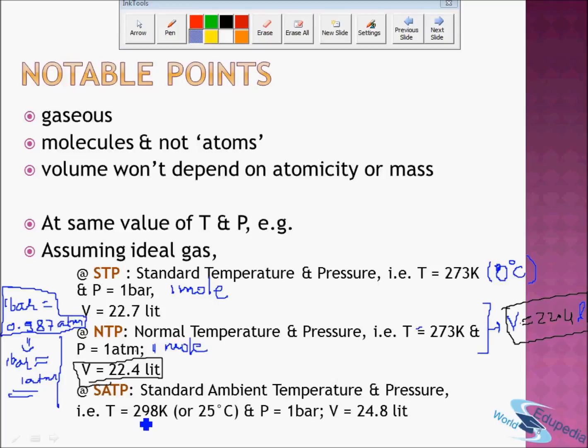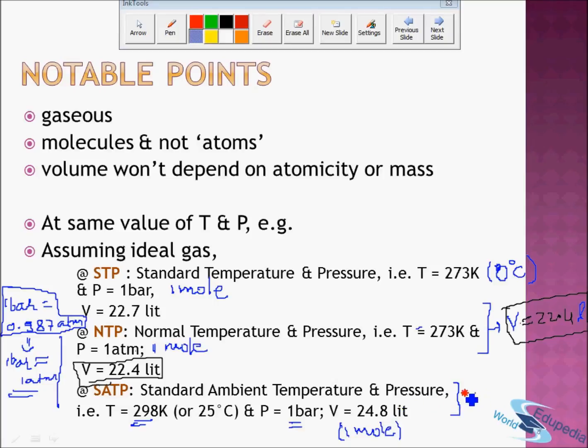Again you have to remember that under SATP, temperature is always 298 Kelvin and pressure is 1 bar, like STP. Here the volume occupied by 1 mole of any ideal gas is 24.8 liter. You don't have to remember this volume, and you cannot approximate it as 22.4 liter. It is much different from 22.4 liter. So you have to make those calculations.